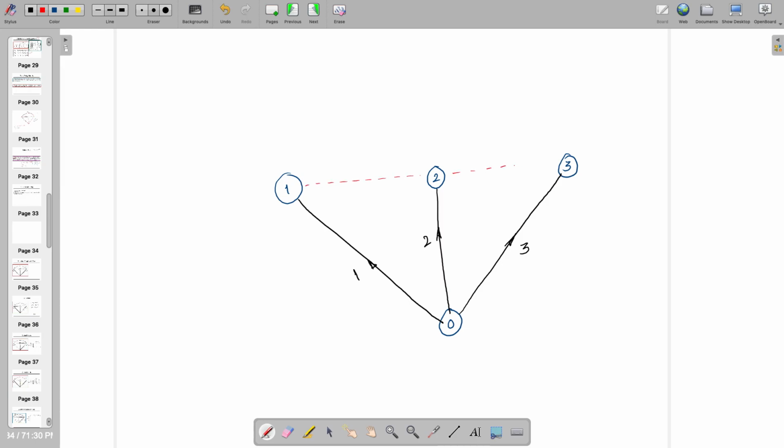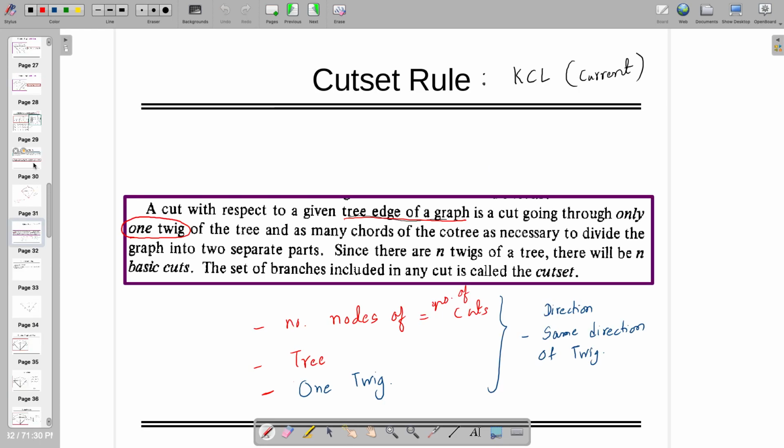The shape of the cut can be any shape. It's not a straight line. The cut set rule says you must have one twig, and as many chords as you can have.